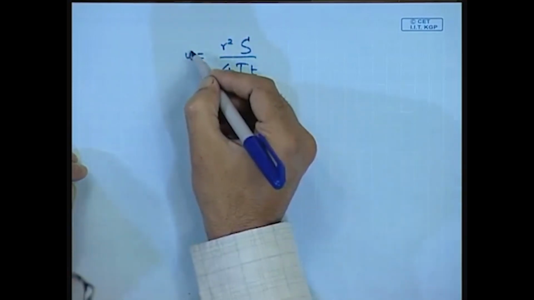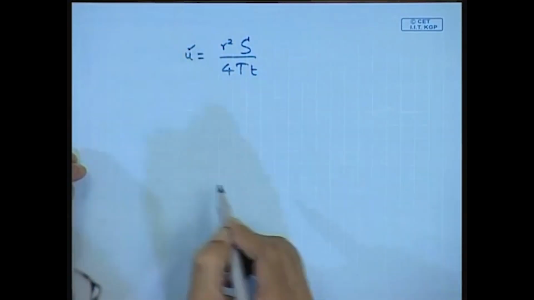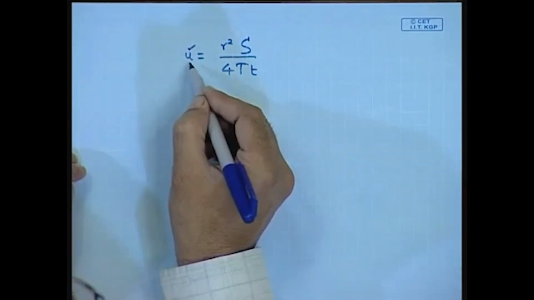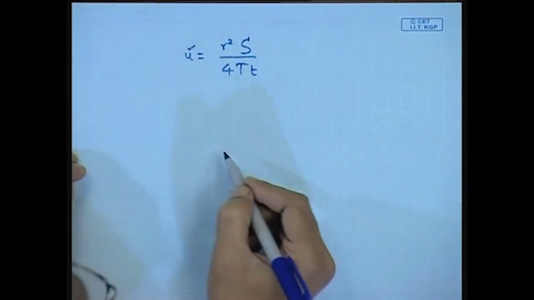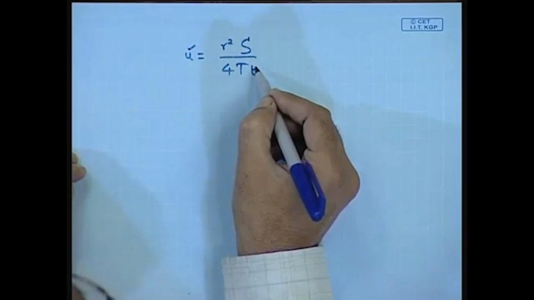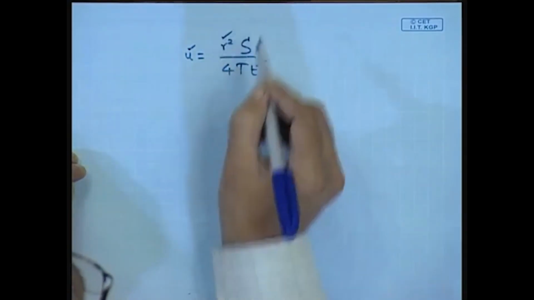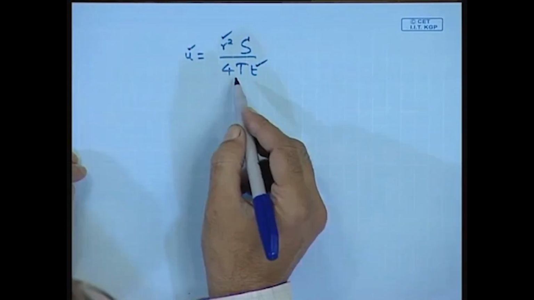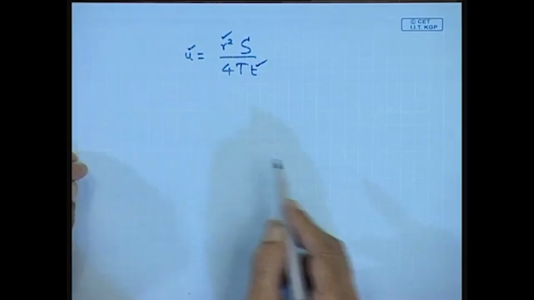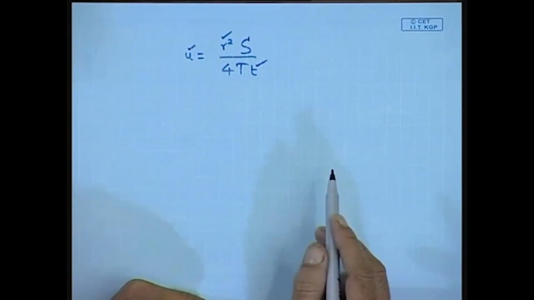Based on the matching point, 1/u is known, therefore u is known, the time is known, and r, the radius of the fully penetrating well, is known.